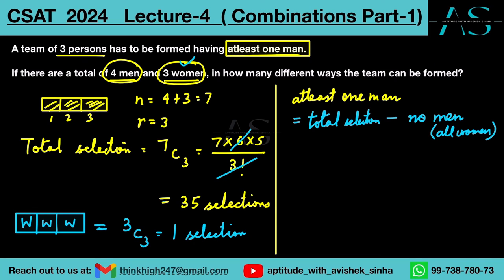Now, total selection is 35. No men selection is 1, as we have seen. So at least 1 man would be 34 selections. At least 1 man.